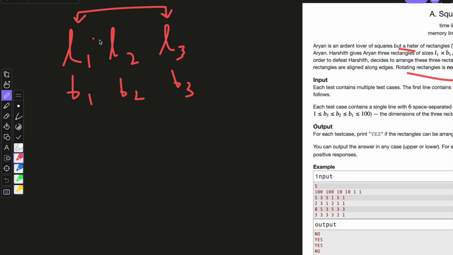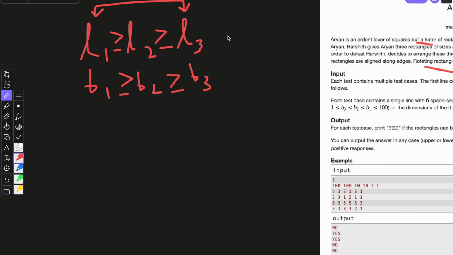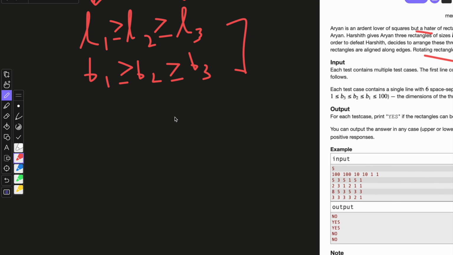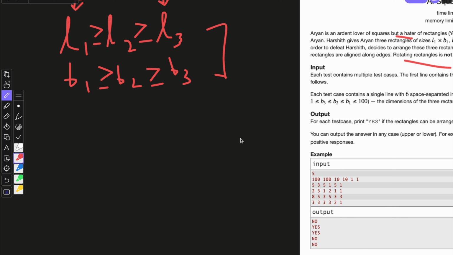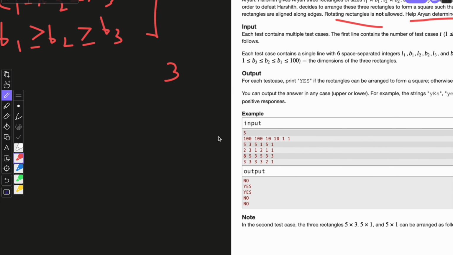L1 is greater than equal to L2 is greater than equal to L3, and B1 is greater than equal to B2, and B3 is less than equal to B2. So this is the condition as it's given, and we have to check if we can make a square from these given rectangles or not. Three rectangles are given, so we have to make a square from it. If it is possible we output yes, if not we output no.